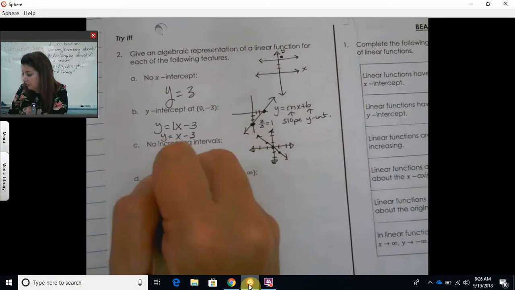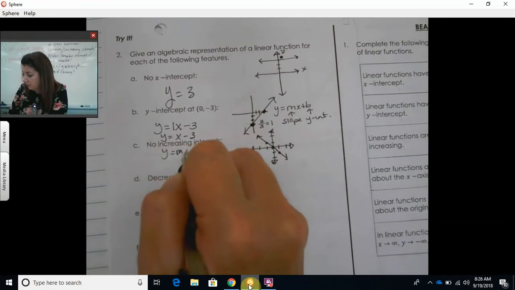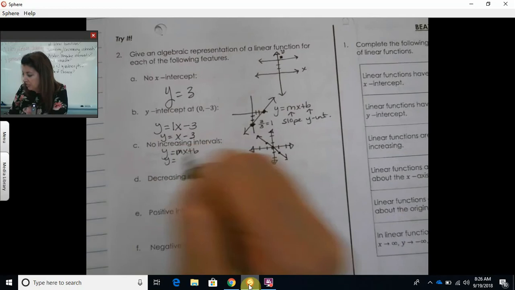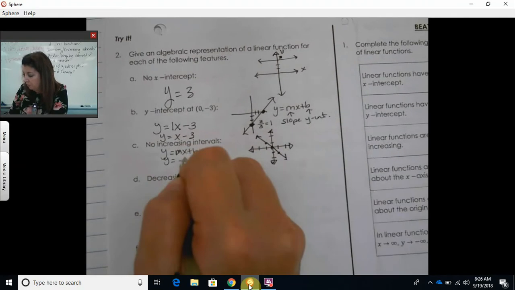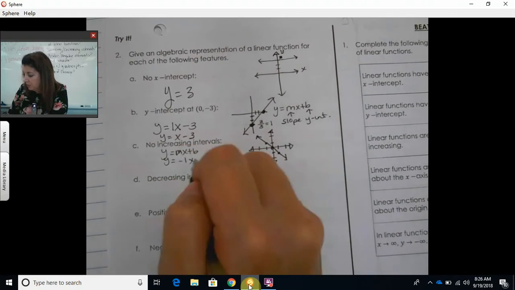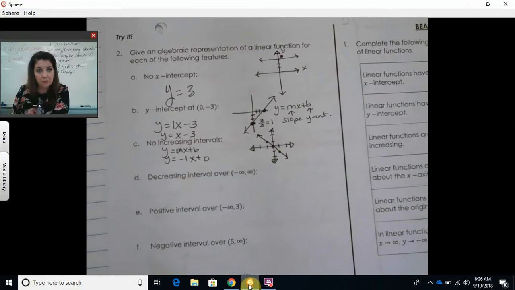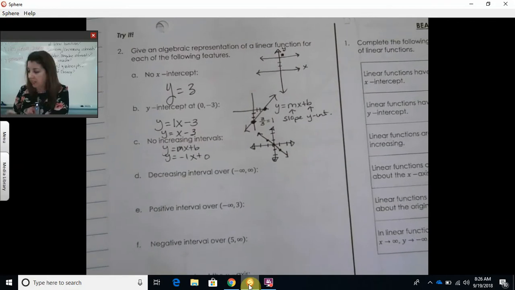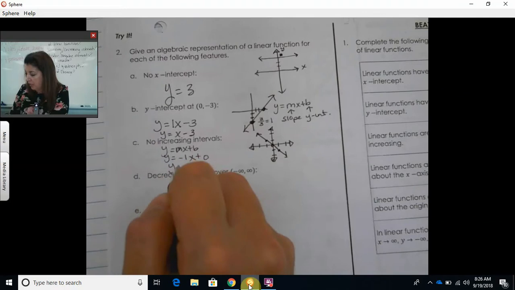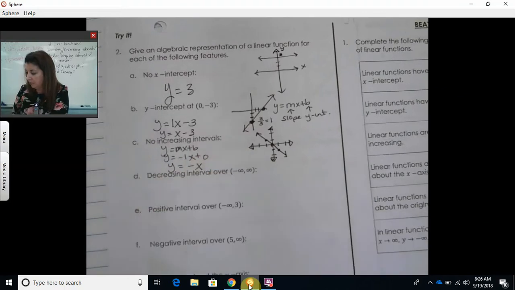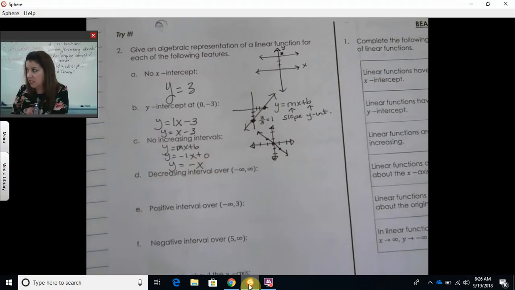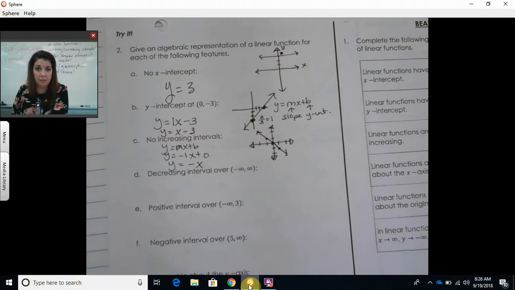So in slope-intercept form, my slope is -1x. My y-intercept in this one is +0 or minus 0. It doesn't matter because 0 is not positive or negative. And if I clean that up, that would just be y equals negative x. Again, there's tons of different lines that you could have drawn. I'm just trying to make them basic.